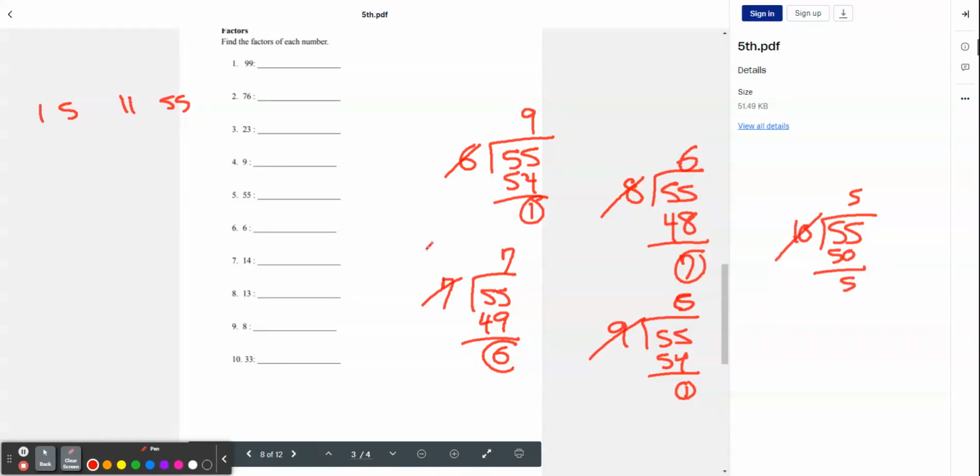So 10 is not a factor. And we went from descending order, so we know that any number between 11 and 55 are not factors. So these 4 numbers are the only factors of 55. And you're going to try that for the rest of the problem.